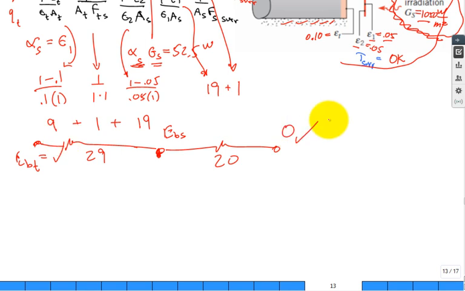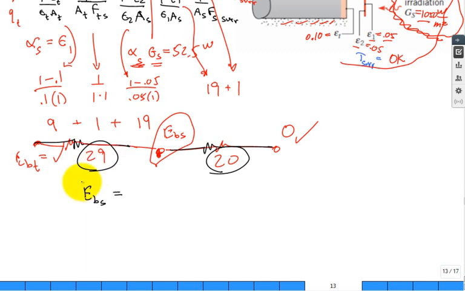This is calculated. We want to calculate EB of the shield. I have a resistor. I have a resistor. The values are 20, 29. The potential over here is sigma times 100 to the 4th power. The potential over here is 0. What is EB of the shield? Can you calculate that for me?